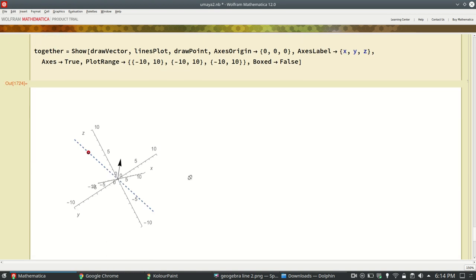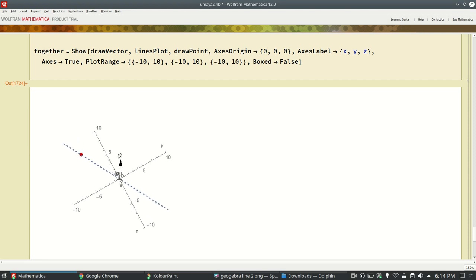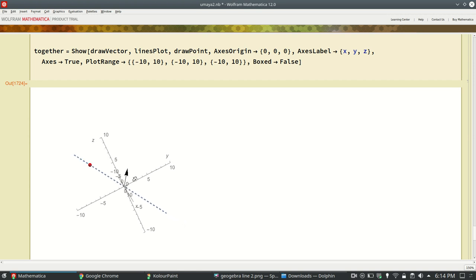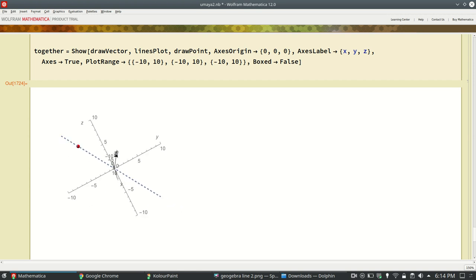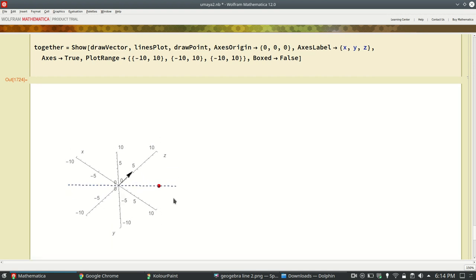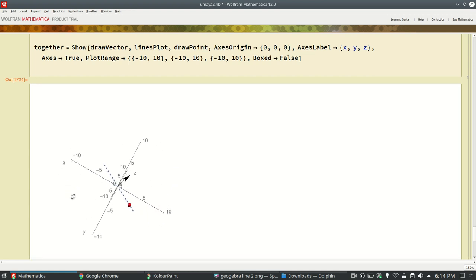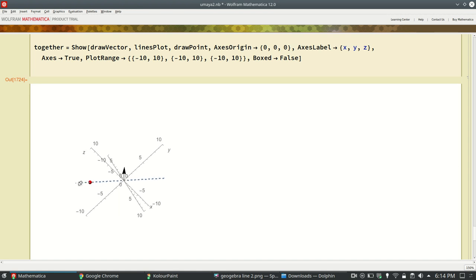So point 3, negative 4, 7 is on a line that is perpendicular to this vector. But you see, this is the only line that's perpendicular to this vector that goes to this point. No matter how you turn this, there's no other way to get a line that's perpendicular to this vector but also passes through the red point, except for this dashed line.